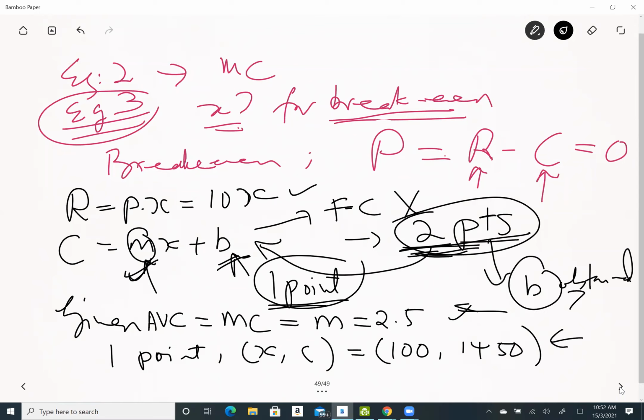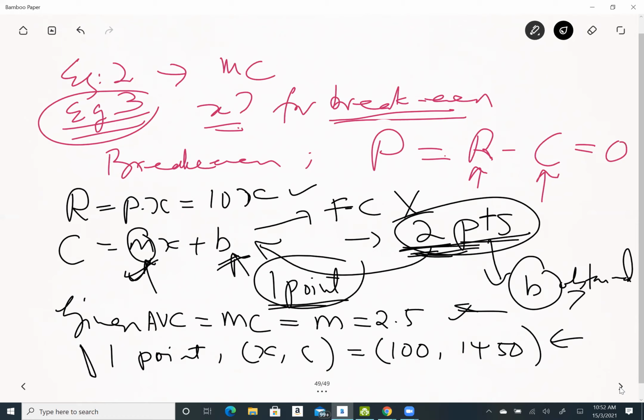So now we know this already. I want you to find that cost function, find B. M is known, we know a point, you get B. Of course, in the book, they already do it, but don't look at the book. I want you to do it on your own. So do it now.